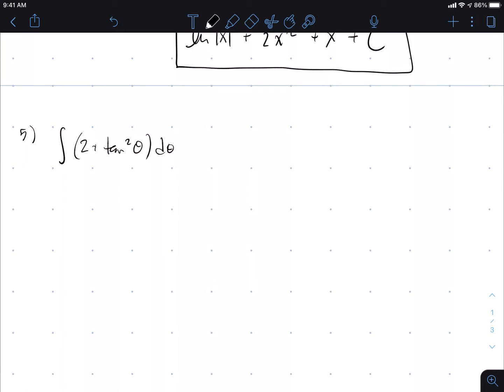We should all be going like, oh, I don't know that one. It hasn't been taught to me. Right? Oh, you'd have to plug in sine over cosine? Nope, that's going to be difficult because you don't know how to do the integral of sine squared and cosine squared. You don't learn that till Calc 2.